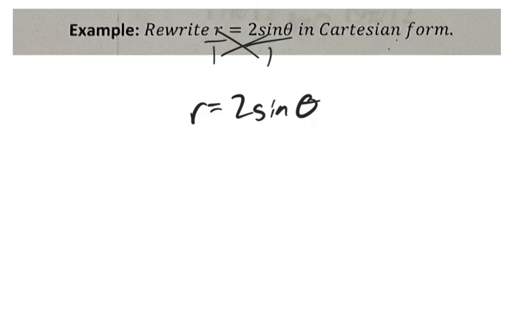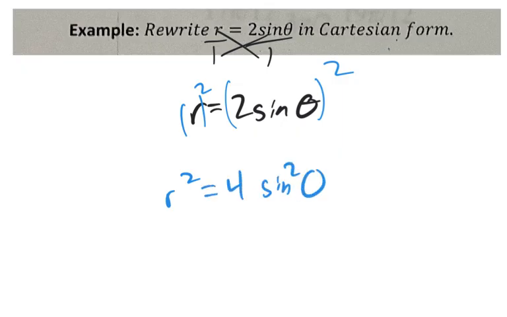Sounds like a bad idea. Go ahead, Brandon. What should we do here? You want the r to be r squared, so square both sides. That's my hint. The r needs to be squared somehow. Square both sides. I can do that. Brandon's giving the teacher hints. r squared equals 4 sine squared theta. Hey, I know what r squared is.